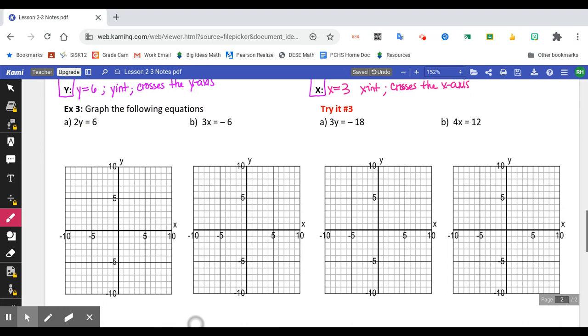This is your equation. You have to have y by itself, so we divide by 2, and we have y equals 3. Okay? Be thinking, y is in HOI, so I know HOI goes this way and crosses through the y-axis. So I'm going to go 1, 2, 3 on the y because it's y equals 3, and my line goes through that point.